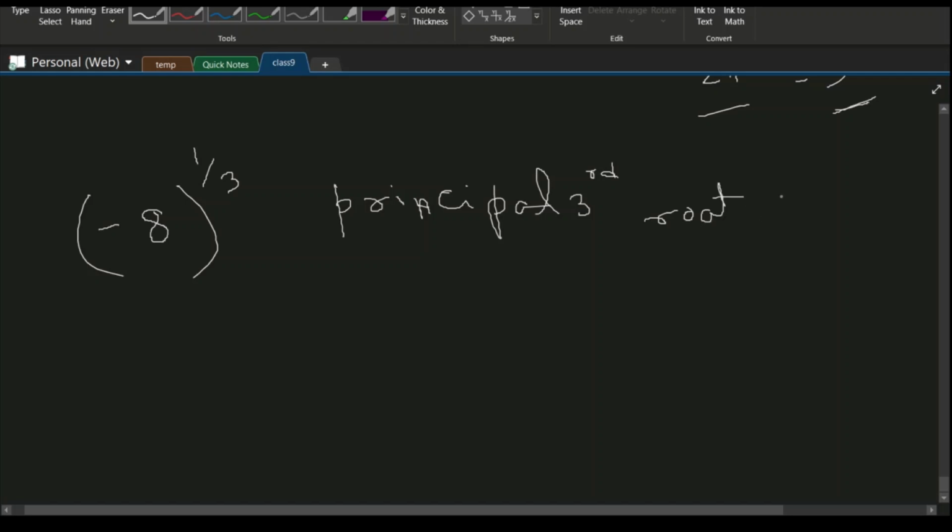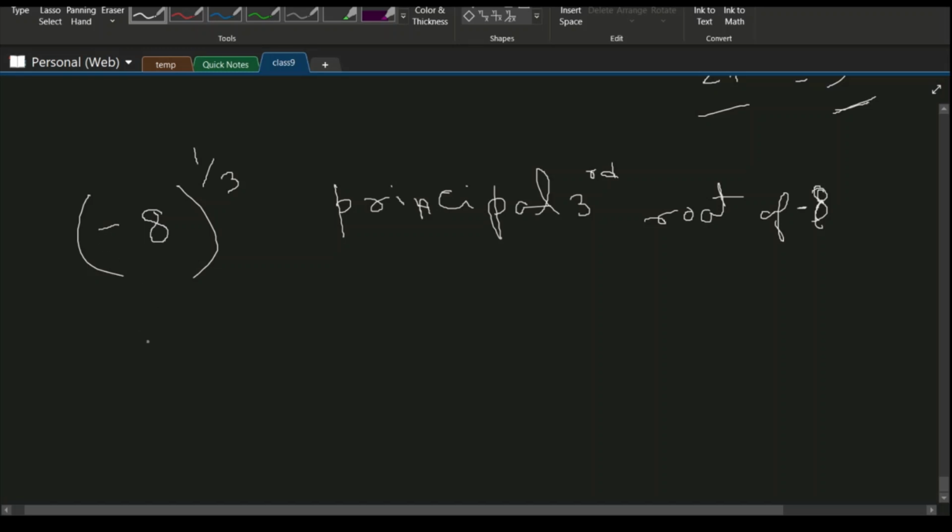But since it's power 1 by 3, it can be written as cube root, right? Yes, but I want you to remember this term as well. So short form is cube root because its power is 1 by 3. But the general term is principal third root of minus 8.